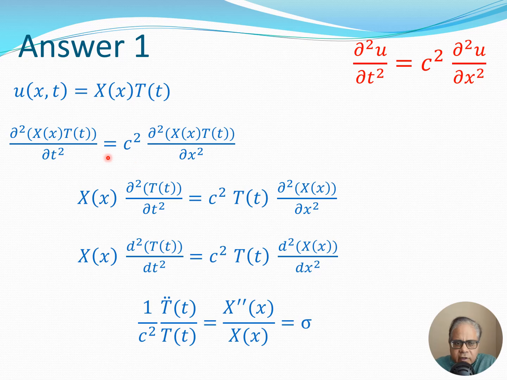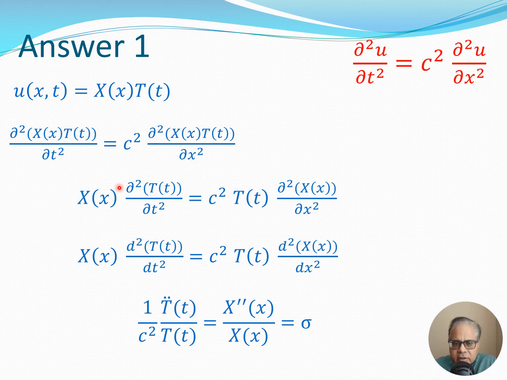Remember, whenever we are taking partial derivatives, if we take the derivative with respect to t, then we treat the x function as a constant. And if we are taking the derivative with respect to x, then the t function is treated as a constant. That's what has allowed us to do this particular step.